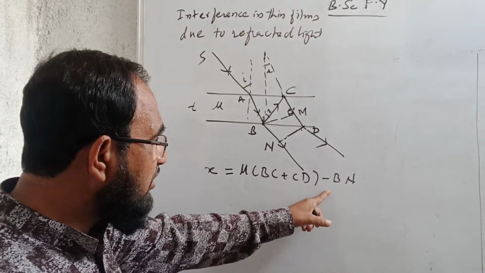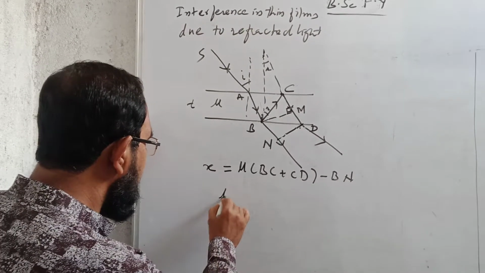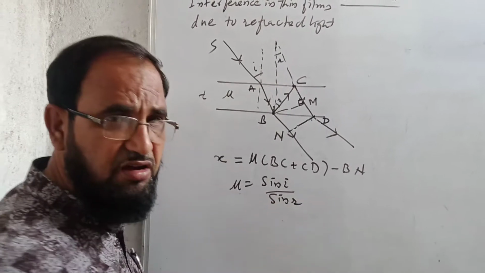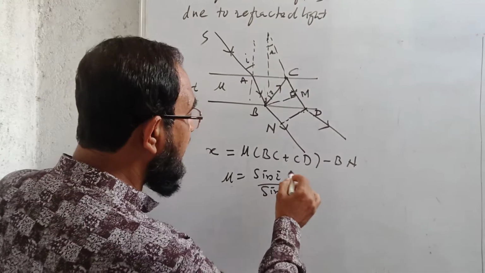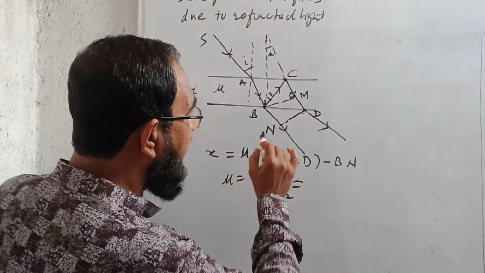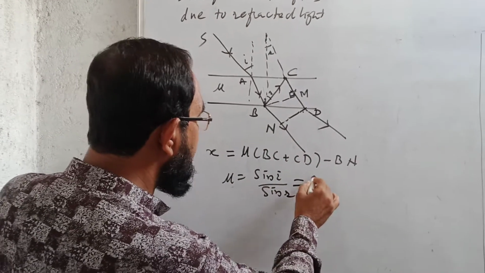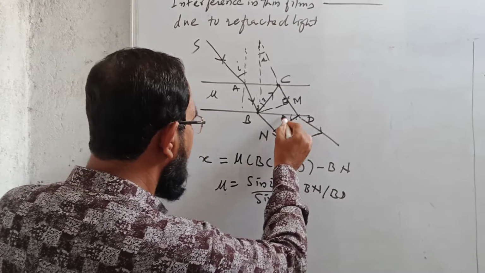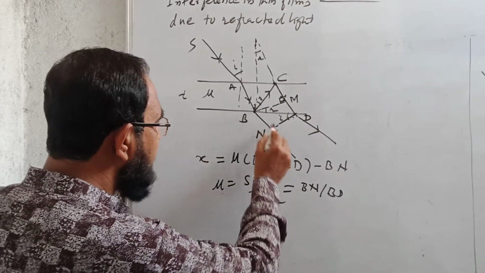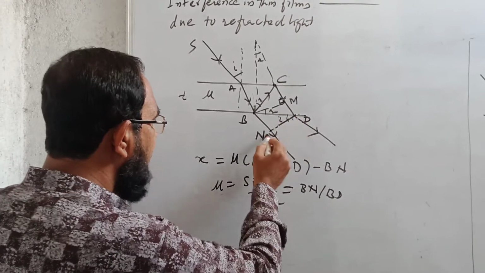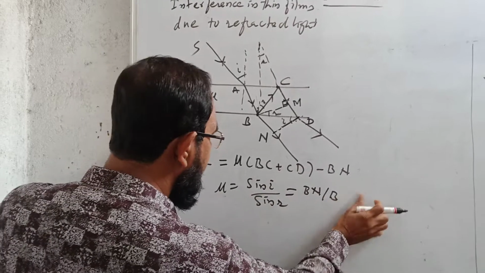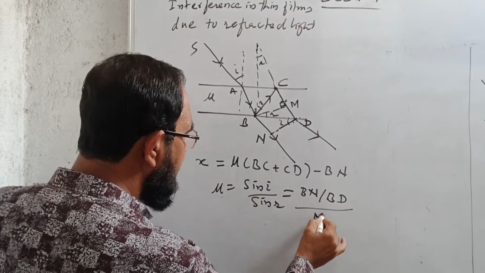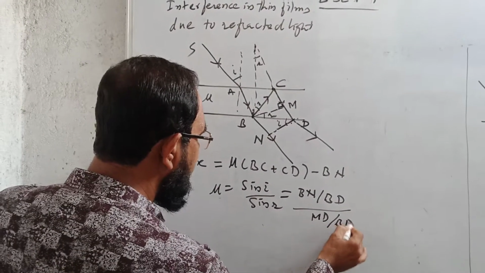So now I will find out the value of BN using Snell's law. Mu is equal to sin i by sin r. This is Snell's law. Sin i can be written as BN upon BD. This is the angle i, this is the angle r. In the triangle, BN upon BD is sin i, and in this triangle MD upon BD is sin r.